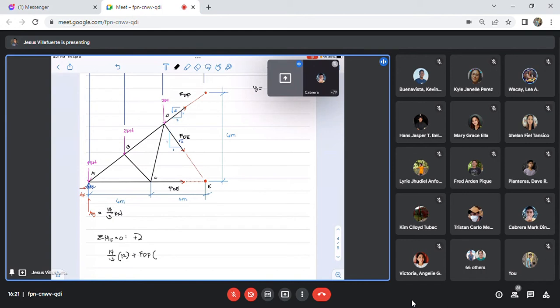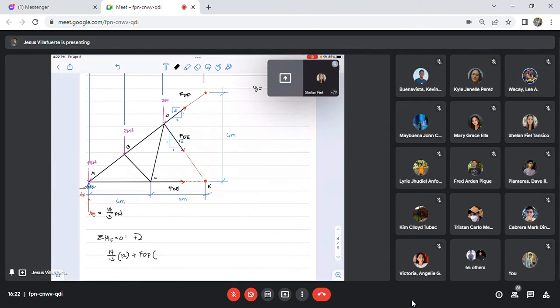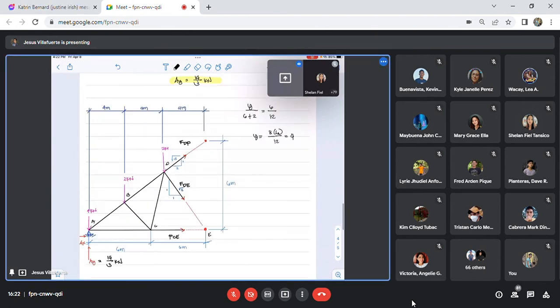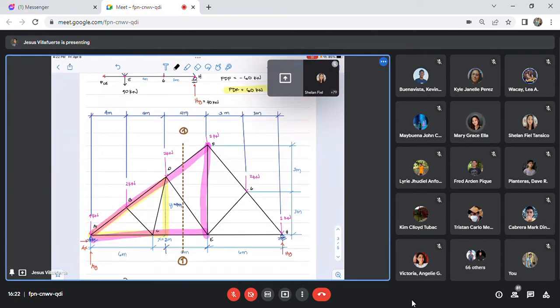The moment arm, when you say moment, that is the force times the distance. So what is now the moment arm, the perpendicular distance from FDF to point E? 4 square root of 2, sir. 4, where does the 4 come from? 6 minus 2, sir.